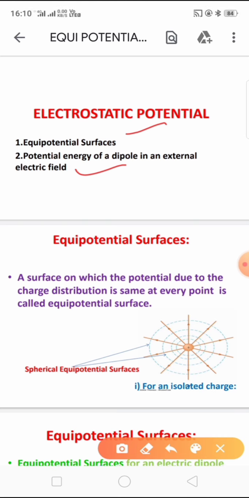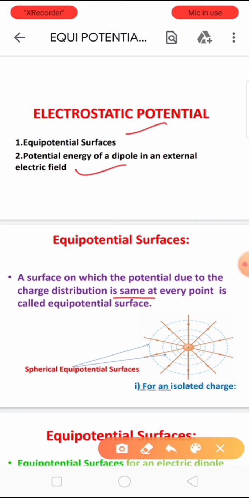As the name indicates, potential is constant on that surface. A surface on which the potential due to the charge distribution is the same at every point is called an equipotential surface. Means potential is constant. It is the same at every point.